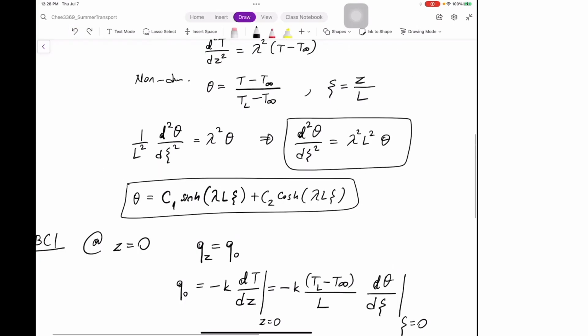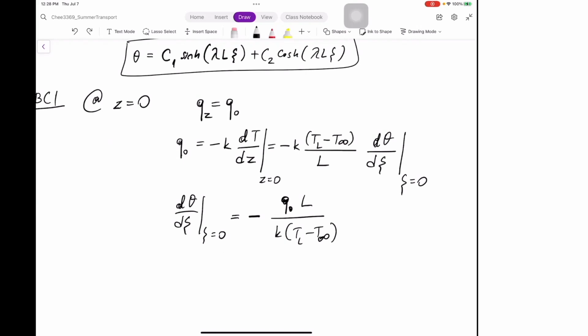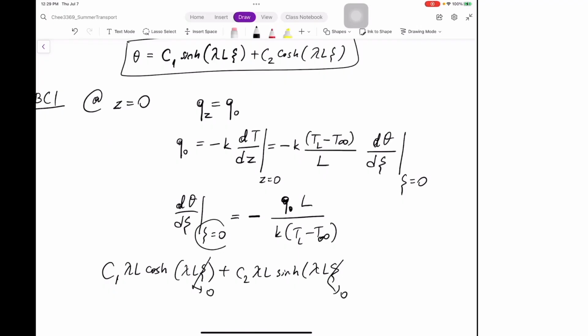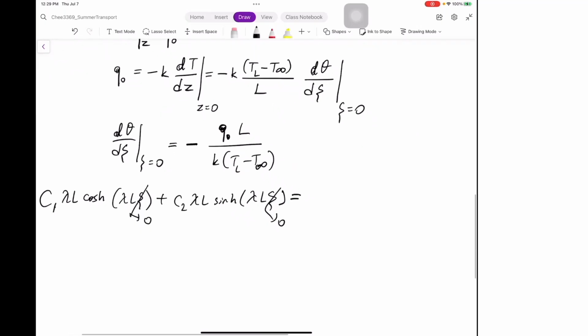So let's make use of this. The derivative with respect to psi is C1 times lambda L cosine hyperbolic lambda L psi plus C2 lambda L sine hyperbolic lambda L psi, but the psi is 0 because I have to calculate that at 0.